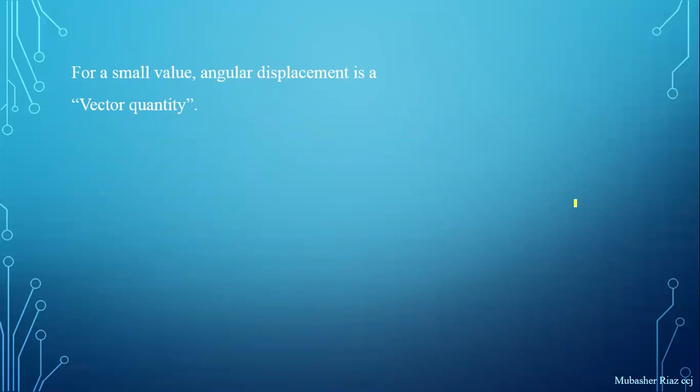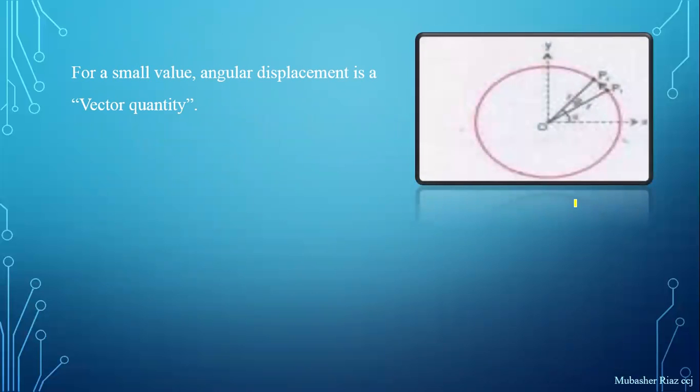For a small value, angular displacement will be considered as a vector quantity. For example, in this diagram we can observe that the object starts moving from this position and then reaches this position, point P1, and it covers some angle theta.